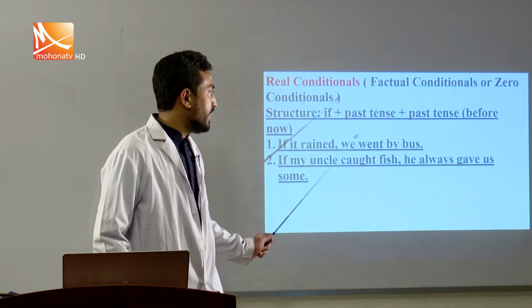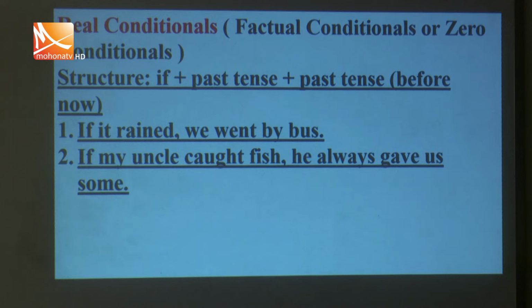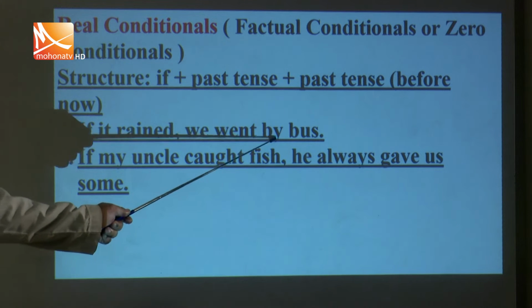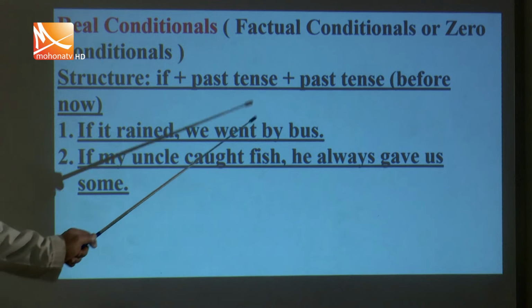If it rained, we went by bus. So in my college life, when it rained, I went to college by bus. I went to my office by bus. So in the past it happened, naturally happened. So this is called zero factual condition or zero conditional. If it rained, we went by bus.